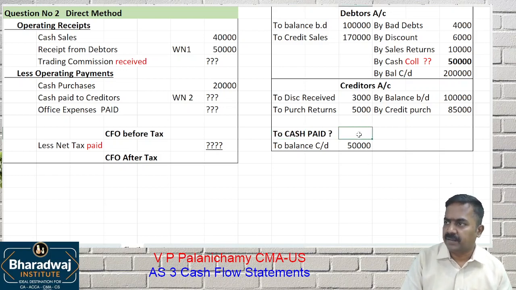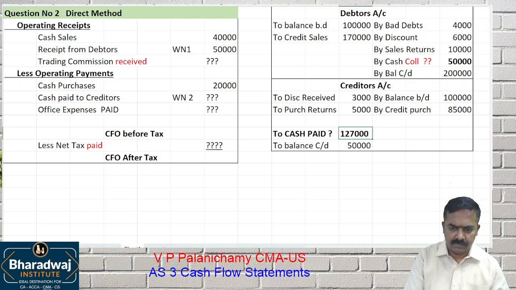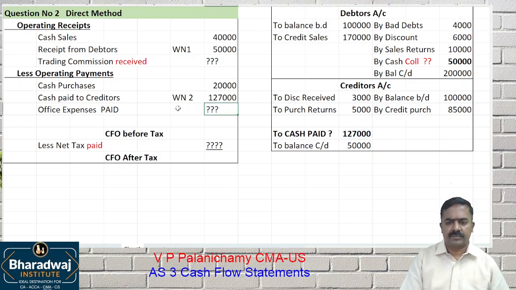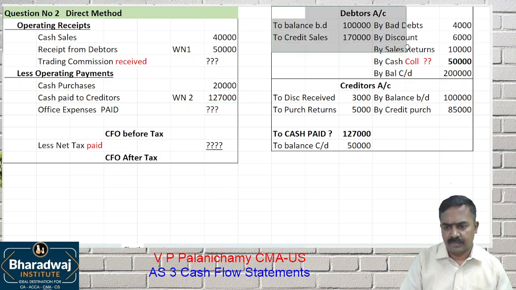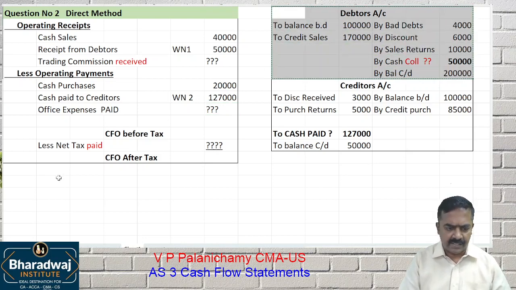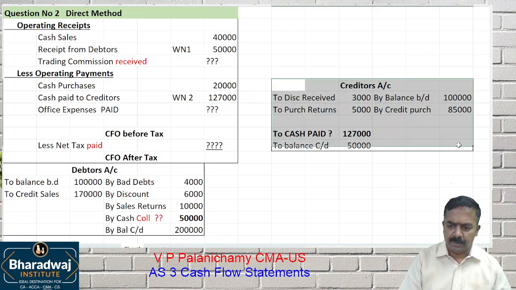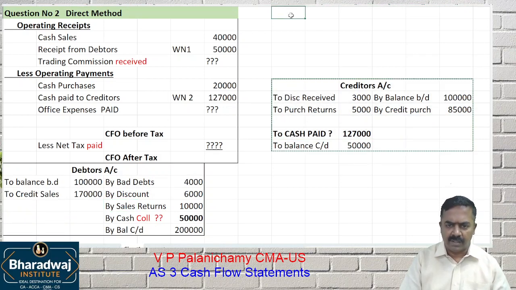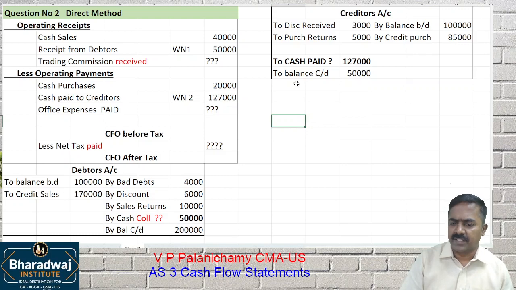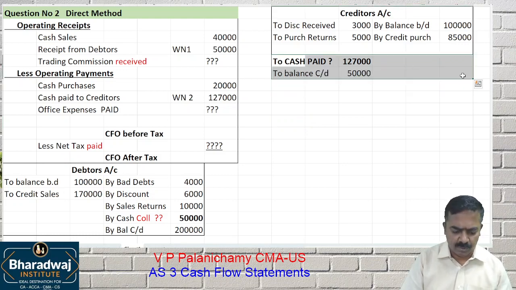What is the cash paid? So cash paid to creditors 1,27,000. So we prepared debtors account to find out which one? Cash collection, and we prepared creditors account to find out which one? Cash paid to creditors. Cash paid to creditors we worked out as a balancing figure.